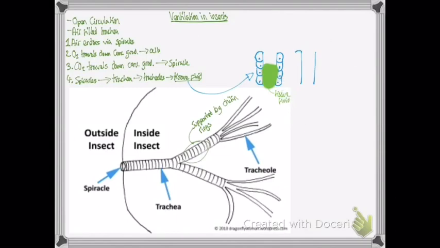So this diagram is showing you tracheoles. So this is a trachea with blue cells on the outside, and inside it we've got tissue fluid, which oxygen diffuses into and waste diffuses out, so carbon dioxide diffuses out of there.